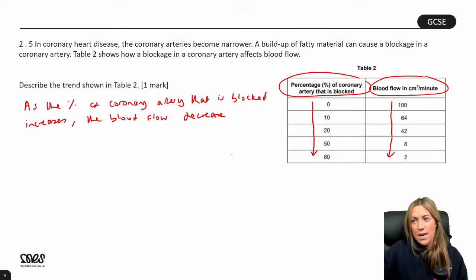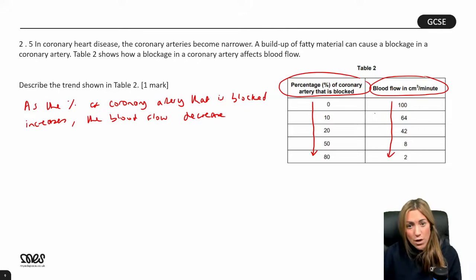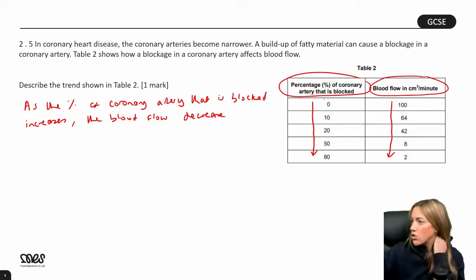Okay? You could have said the opposite. You could have said as the percentage of the coronary artery that is blocked decreases, the blood flow increases. The greater the blockage, the less the blood flows, or you could say it's a negative correlation. But I always try to describe the correlation by actually using the headings in the table. But that's actually quite an easy question, isn't it, for 1 mark?